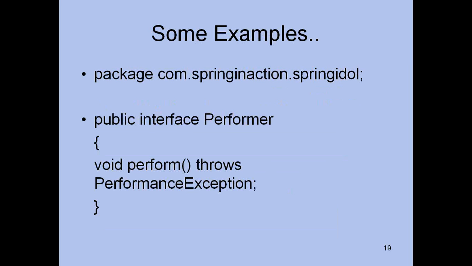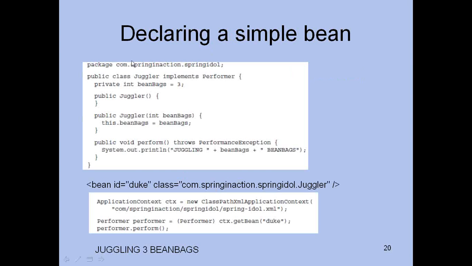So here, the example we have talked about is a performer who performs some activities. In this case, I took these examples, as I told you, from Spring in Action. Here the performer performs juggling activities. So we created an interface that has one method, the perform method, that throws an exception. The perform method will be implemented by the class that implements the Performer interface.